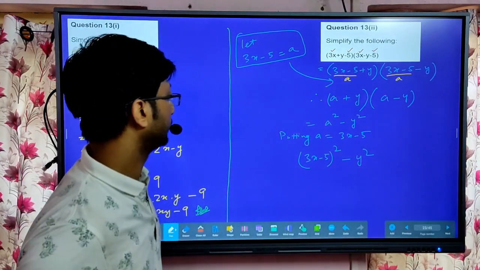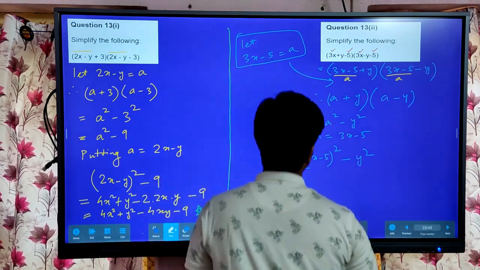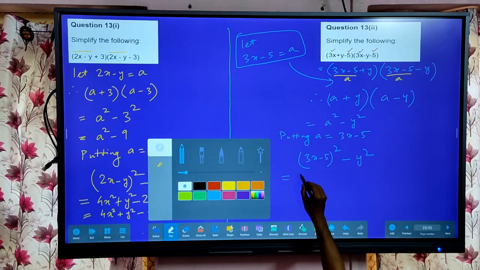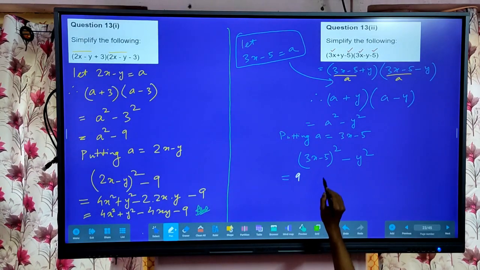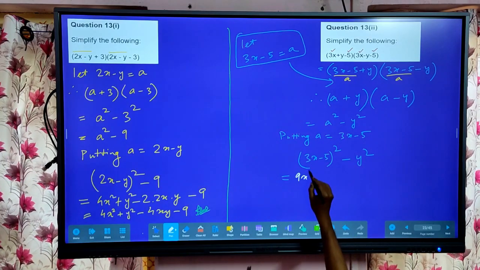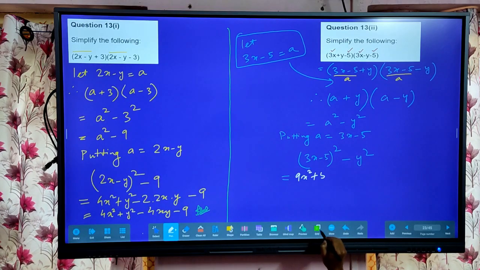Okay, so you will have to expand this. So the expansion will be 9x square, so a minus b whole square will be a square plus b square minus 2ab. So 9x square plus b square is 5 square, 25.